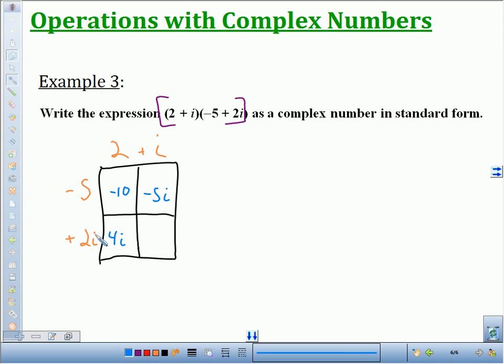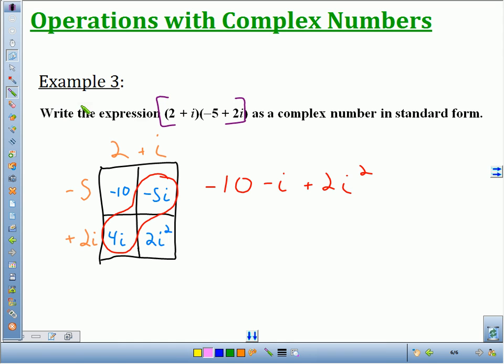And 2i times i is 2i squared. Now, here's where things get interesting. I love saying that. Of course, these two guys here can combine just like they did with binomials. I end up with negative 10 minus i, because negative 5i plus 4i is negative 1i, plus 2i squared.